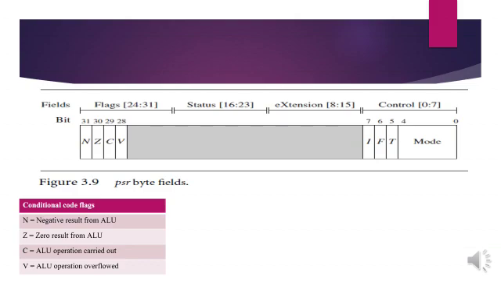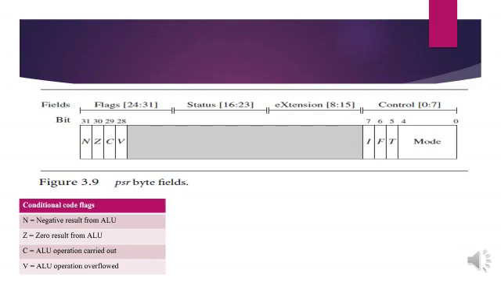This flag is generally used to check the equality of operands. The next flag is C, the carry flag. This bit is set to 1 whenever an ALU operation generates a carry. And the last flag is the overflow flag.